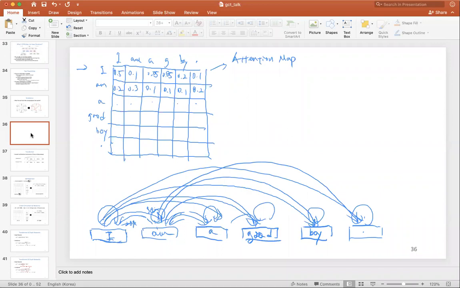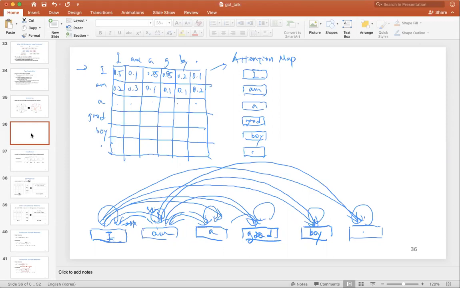So how do I multiply this? Let's say there's I, am, good, boy, and the period. As I said, the reason that you're deriving the attention is to mix the tokens according to a specific ratio or percentage.